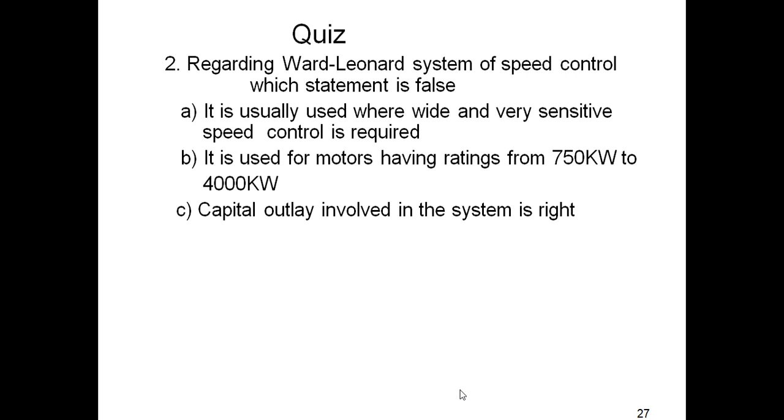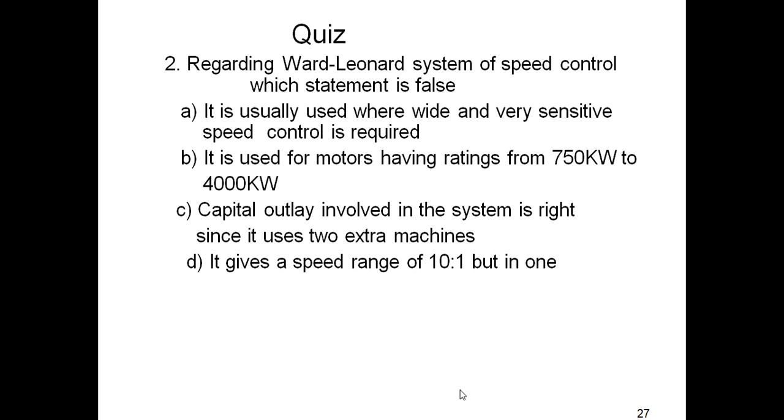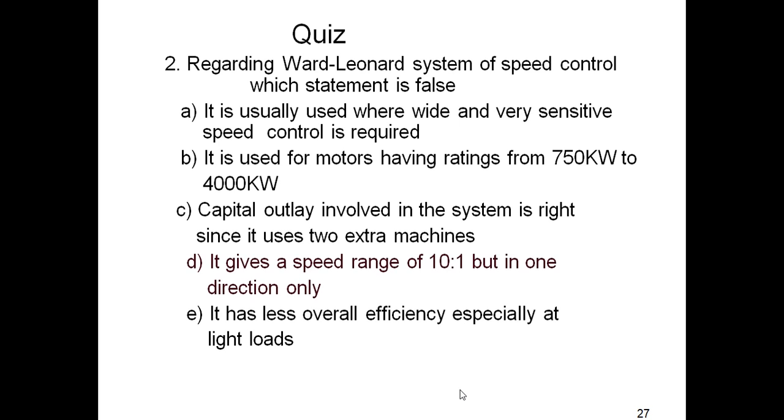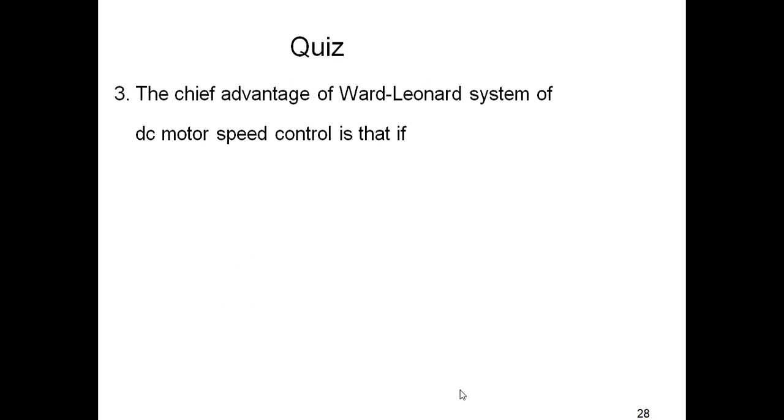C, capital outlay involved in the system is high since it uses two extra machines. Option D is it gives a speed range of 10 to 1 but in one direction only. The answer is D, it can be varied in both directions.